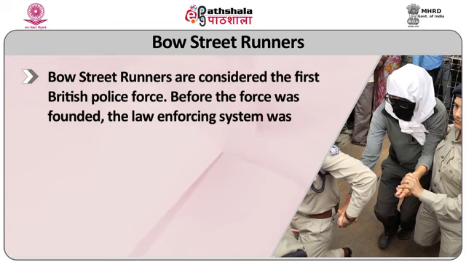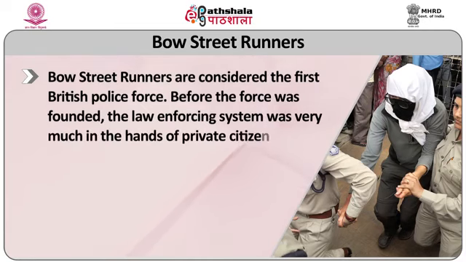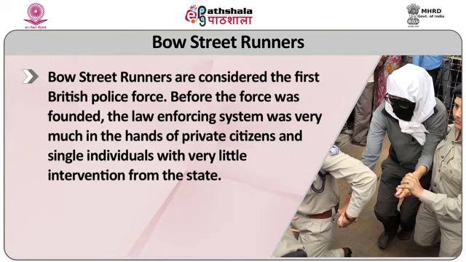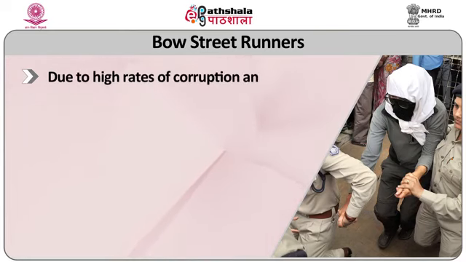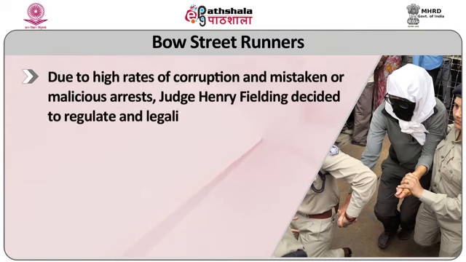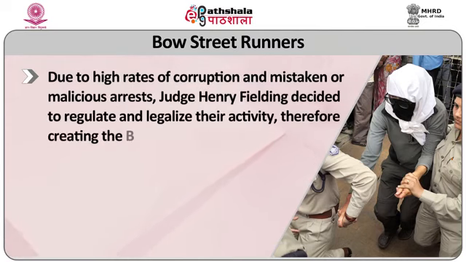Before the force was founded, the law enforcing system was very much in the hands of private citizens and single individuals with very little intervention from the state. Due to high rates of corruption and mistaken or malicious arrests, Judge Henry Fielding decided to regulate and legalize their activity, therefore creating the Bow Street Runners.